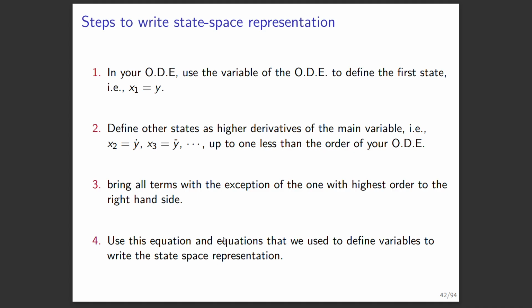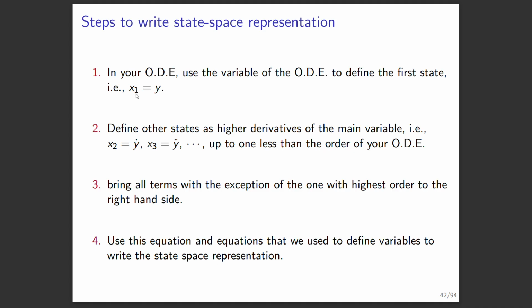So, what are the steps to write state space representation from an ordinary differential equation? Well, number 1, you use the variable of the differential equation, if it's Y or whatever is the variable in your differential equation. You use that to define your first state.